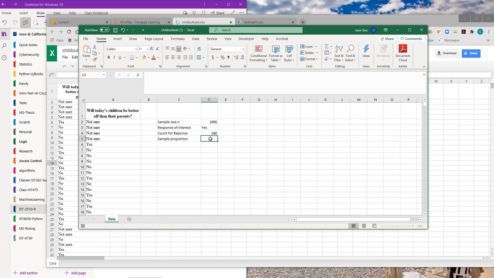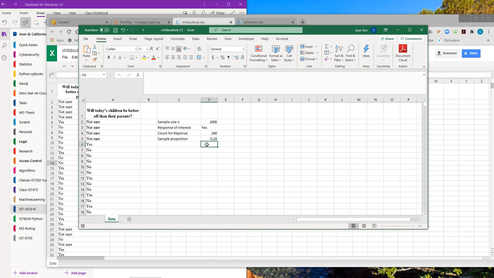Divided by the sample size n, it is 0.24. So that means 24% of people said yes, out of 100%.